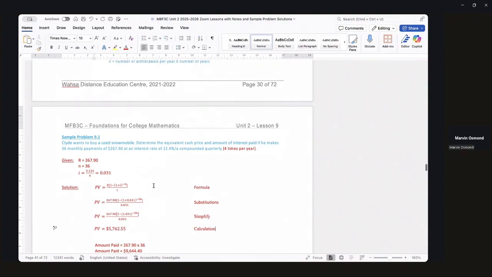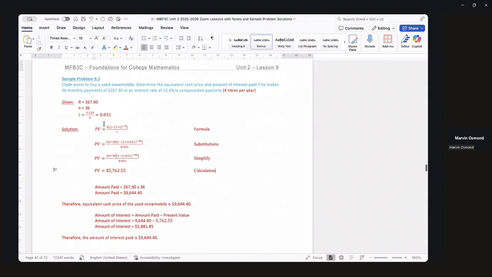So let's do the substitutions. We know that the R value right here, that's the first thing we got to put in. R is 267.90, bracket 1 minus, bracket 1 plus i is 0.031 to the power of negative, n is 36, all over i, and i is 0.031.